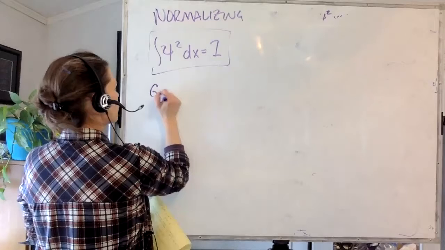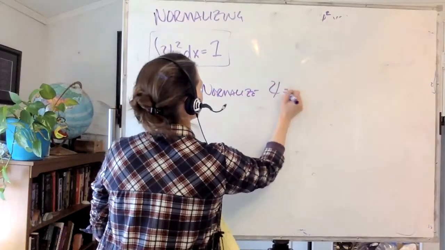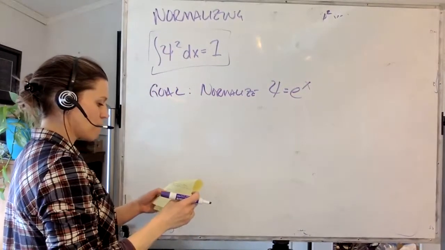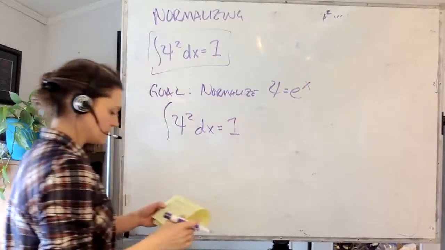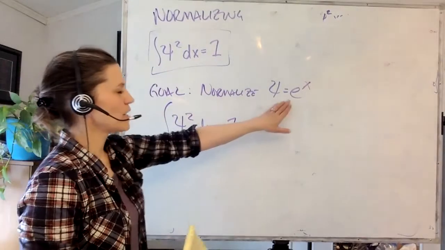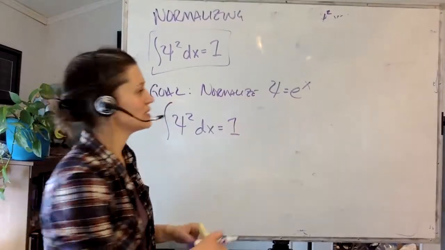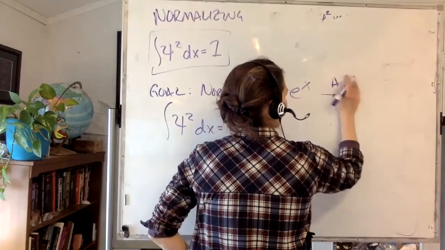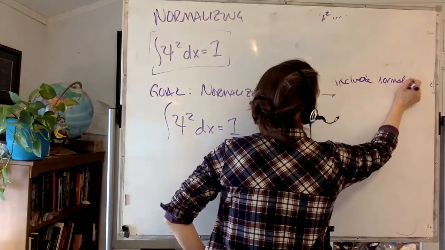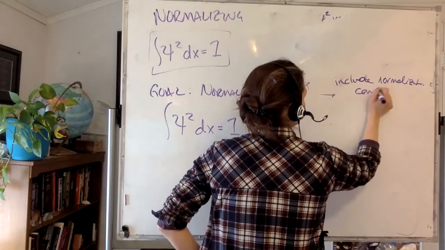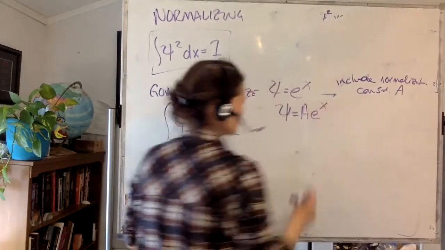So the goal is to normalize psi, which equals e to the x. That means the integral of psi squared dx equals 1. But how do I know that this is true? Well, I'm going to force it by including a normalization constant, a, such that psi equals a e to the x.